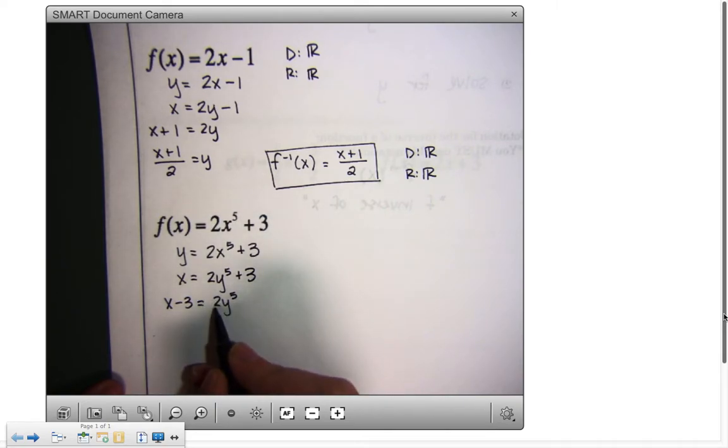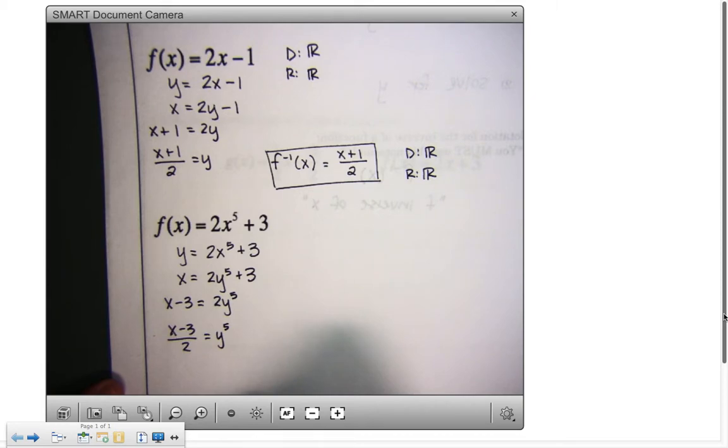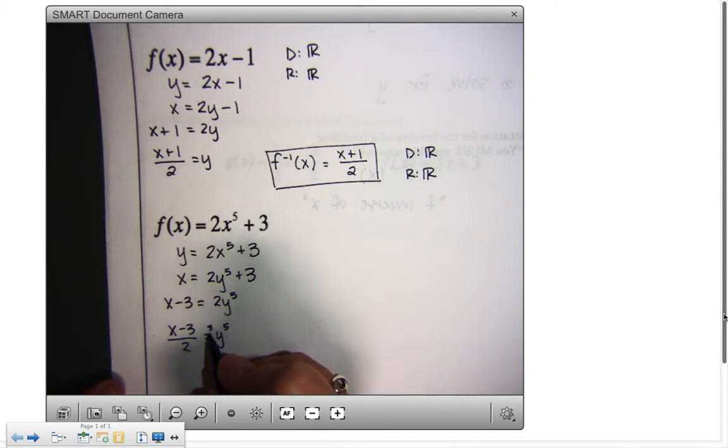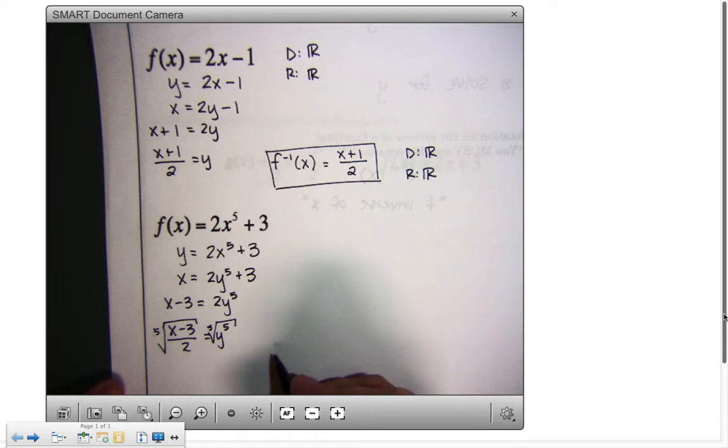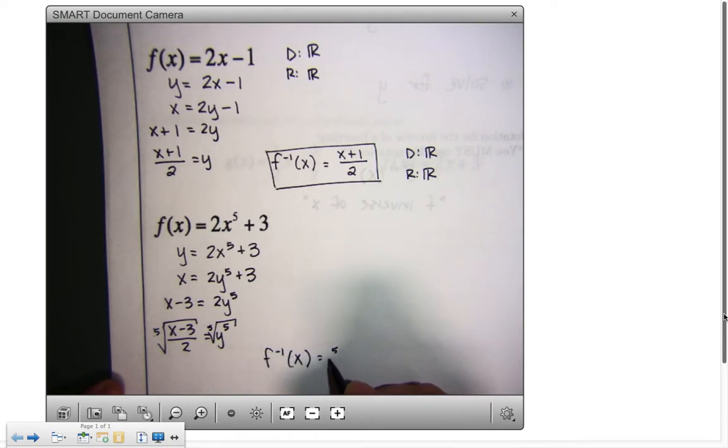I need to get rid of this 2, so divide by 2. And then to undo this exponent, we need to take the 5th root of that. So our f inverse of x is the 5th root of (x minus 3) divided by 2.